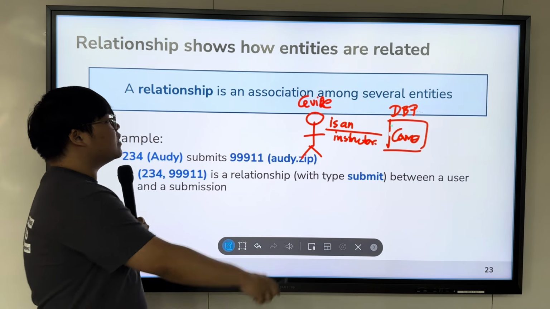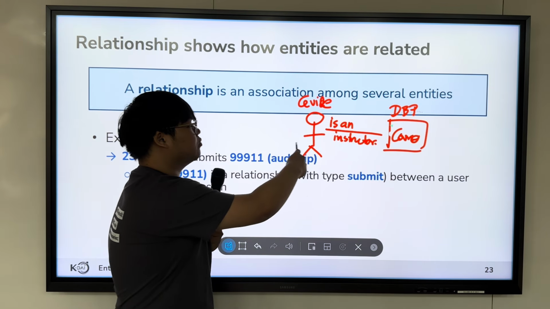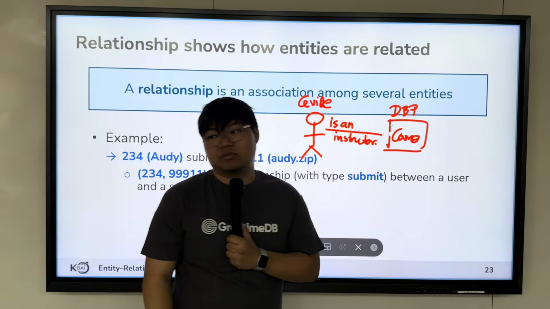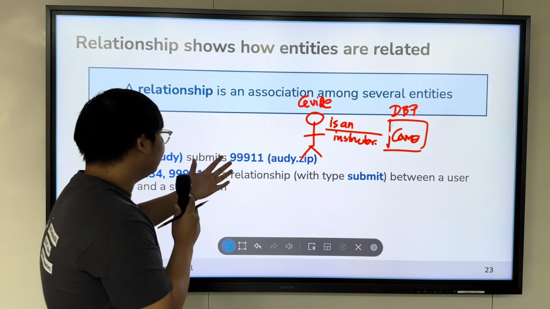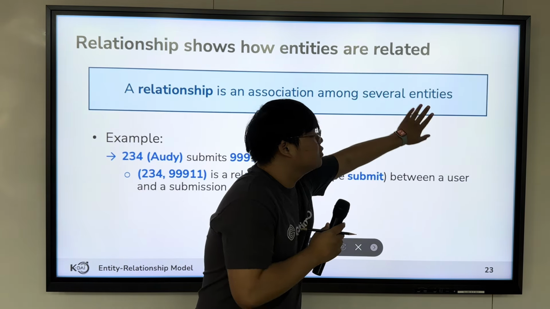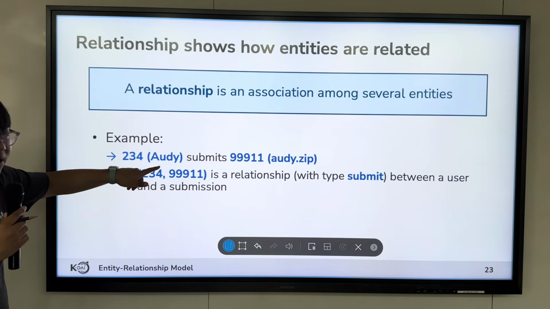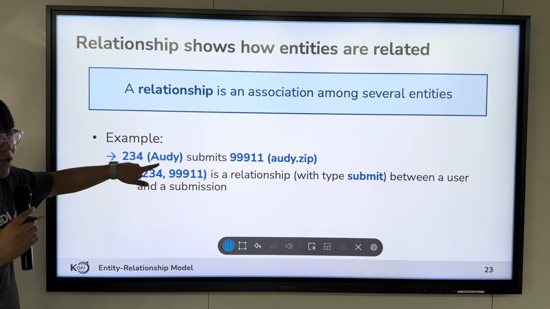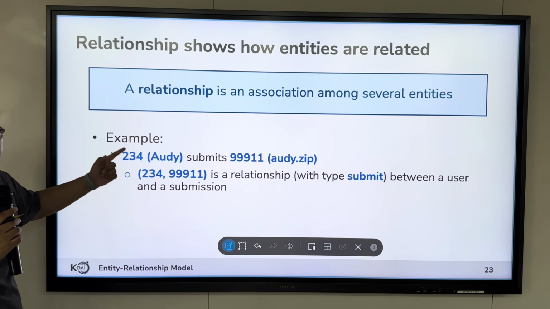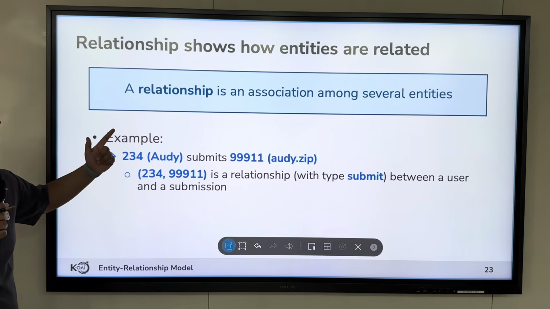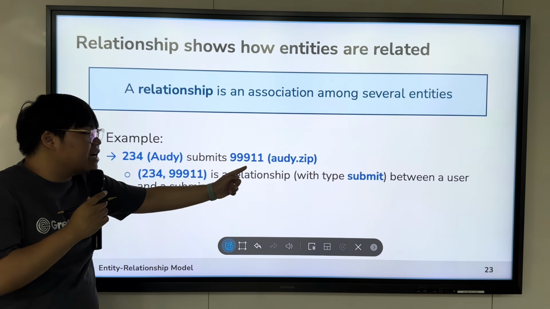It doesn't need to be among two entities. It could be among multiple entities as well, 3, 4, 5. For example, Audi with Audi.zip, but now I don't identify Audi using the name. I identify Audi using their ID because I know that ID is unique. 234 submits 99911.